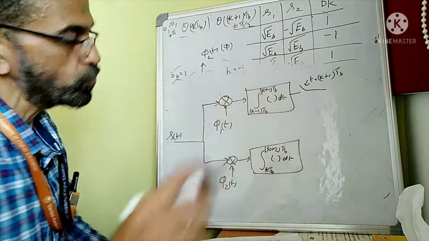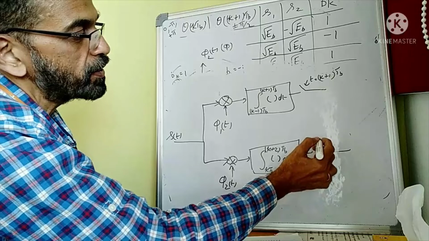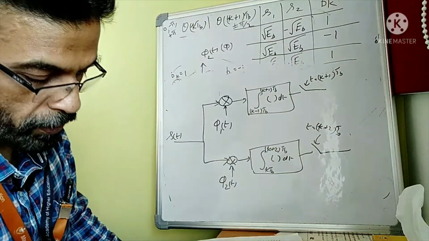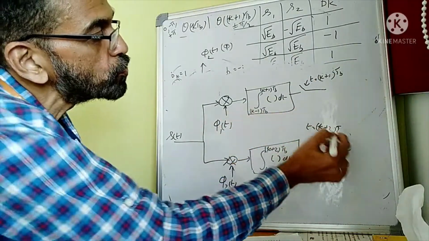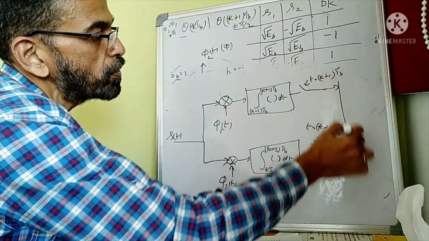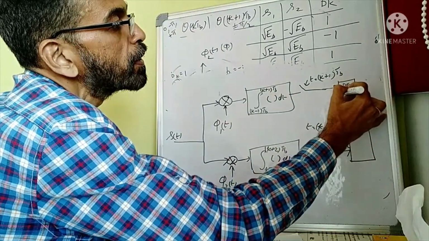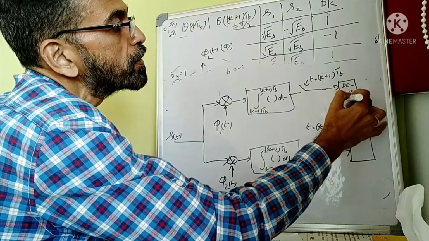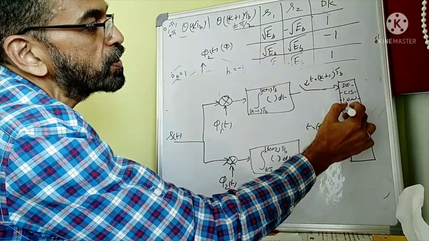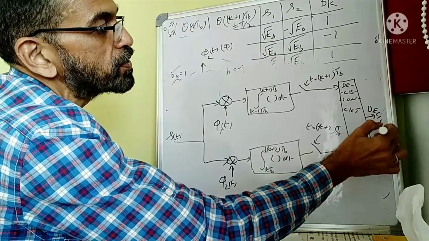Remember the duration of integral is 2 bit intervals, and multiply, integrate and then sample at t is equal to k plus 2 tb, and these two will be given to a decision circuit, and the output of this will be the decision.